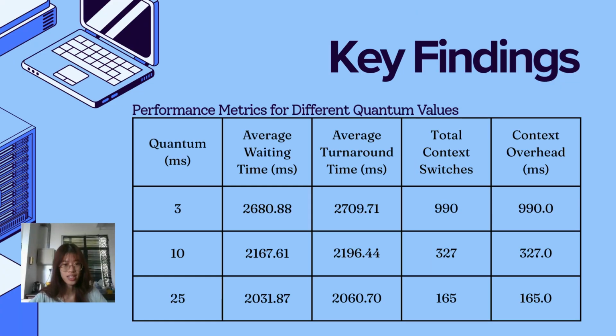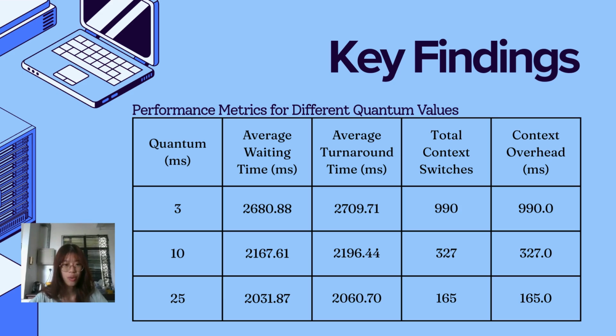The data in this table summarizes our simulation's performance. At a 3 milliseconds quantum, we saw a massive 990 context switches, leading to 990 milliseconds of overhead.